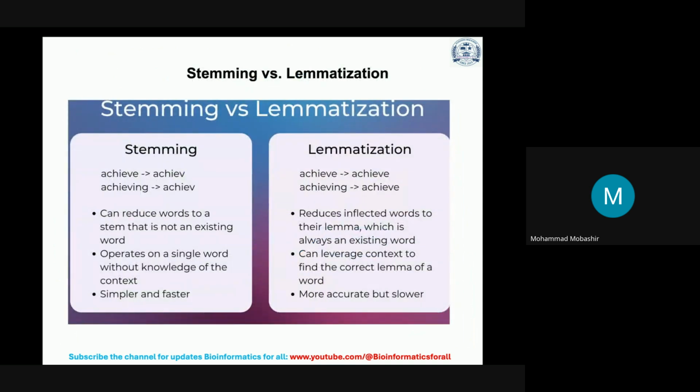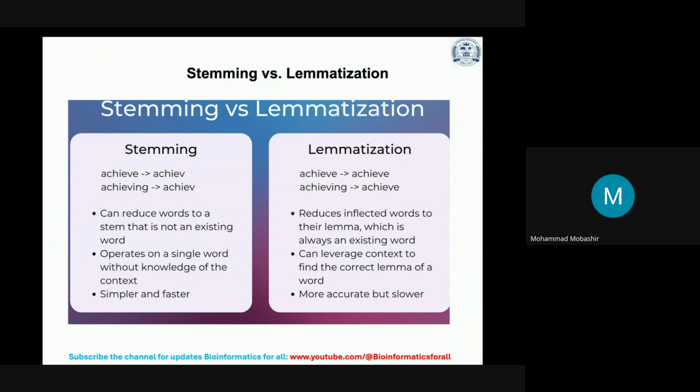CHANGE. Now, what are the differences between stemming and lemmatization? So stemming can reduce words to a stem that is not an existing word, while lemmatization reduces inflected words to their lemma, which is always an existing word.